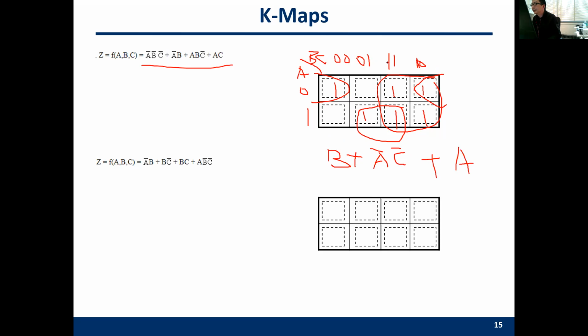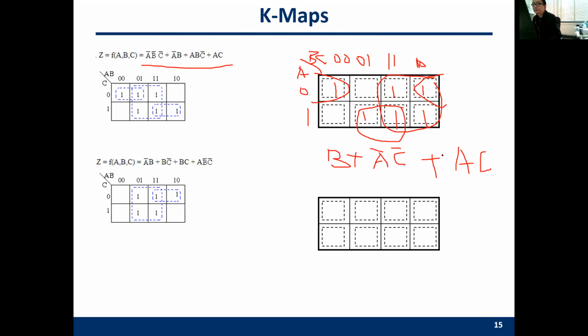B can be 0, B can be 1, so I have no B here. But C is always 1, so I have AC here. So these are the answers. The difference from the answer is that I draw A here, but they group A, B here, and draw C here. They are the same. You can try them yourself.